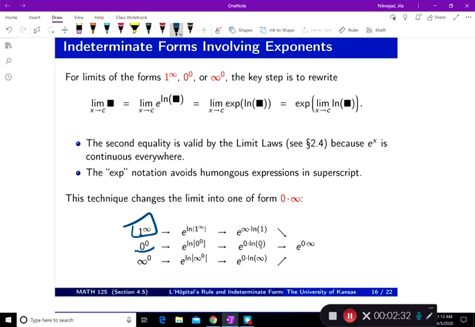The 0 comes down, natural log of 0, and it's again 0 times infinity. Infinity to 0, again the same story, the 0 comes down and you get e to the power 0 times infinity. So it's just a little bit of calculation with the forms, but we're not calculating numbers here, we're just calculating the forms.